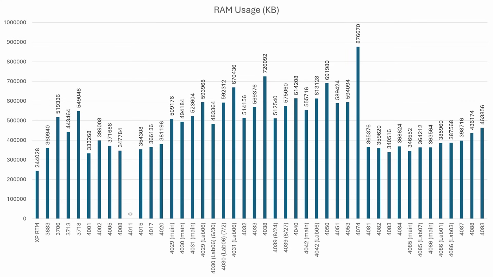I also took the memory usage from Windows XP RTM before I installed any build on this computer. Not a single one of these builds was able to match the numbers from Windows XP, which just kind of makes sense. The closest is build 4001 at just over 330 megabytes of RAM used.